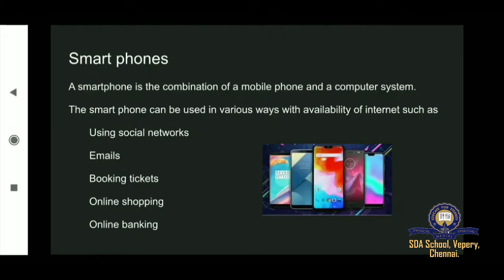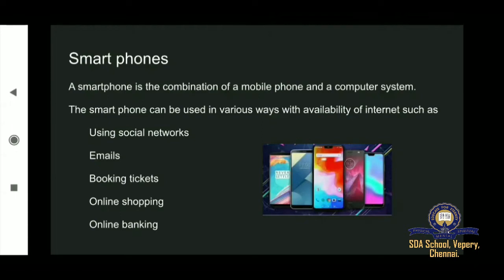You can make calls, you can attend calls. So that is called a mobile phone. You can do whatever you are doing in a computer system. So both these are combined and is called a smartphone. Mobile phone and computer system combined together is a smartphone.